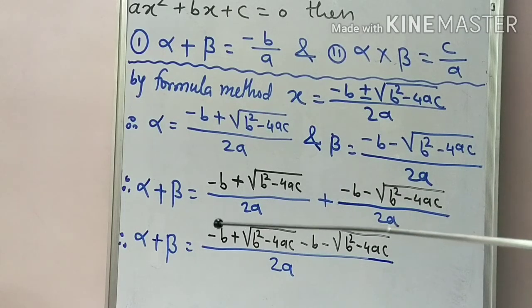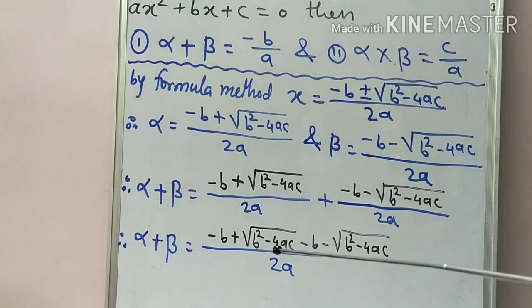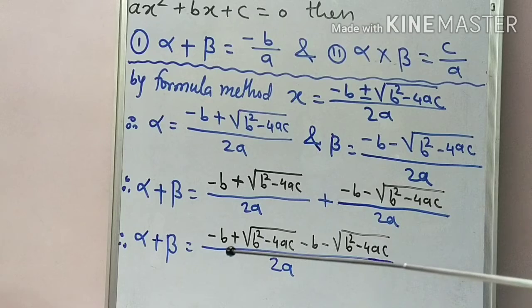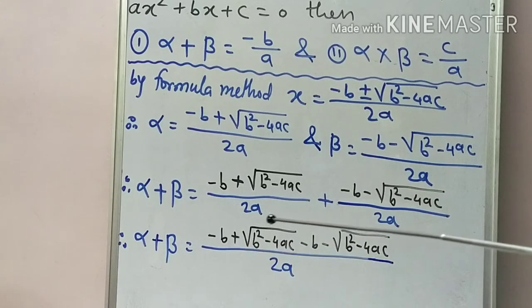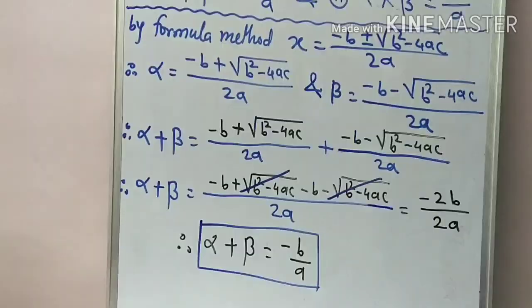Now we notice that the denominator part is the same, so you can add these two values: minus b plus root of b square minus 4ac is the first one, plus minus b as it is, again plus minus minus the square root of the discriminant. So as we observe, minus b we have to add, and the square root of the discriminant b square minus 4ac, and here you have minus the square root of b square minus 4ac, which eliminates. The remaining part is the addition, minus b minus b, minus 2b upon 2a.